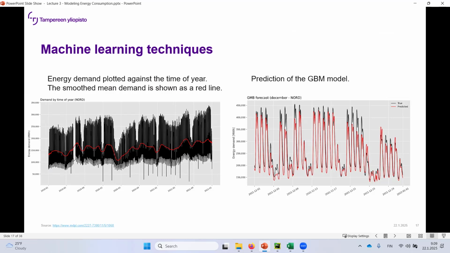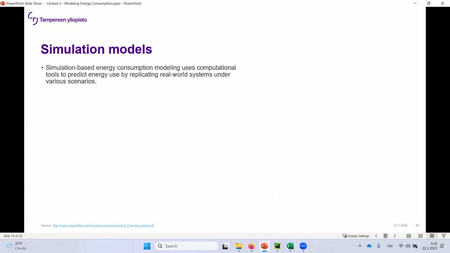And this gradient boosting method has been used in here. So you can access the article in here. That's just an example of how well it predicts that. Then the simulation models.